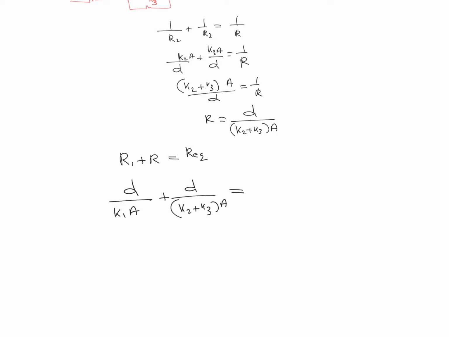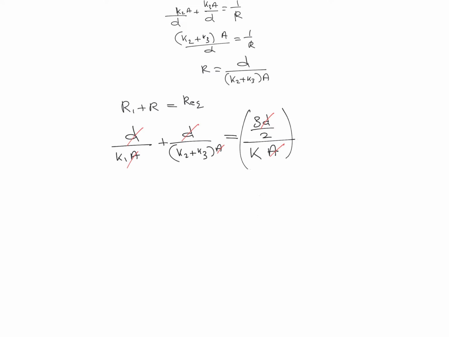The total length of that combination is D plus D by 2, which is 3D by 2, divided by the conductivity, which we take as K, and area of cross section A. We can observe that the D over here gets cancelled and the A over here gets cancelled. So we can write 1 divided by K1 plus 1 divided by K2 plus K3 is equal to 3 divided by 2K.